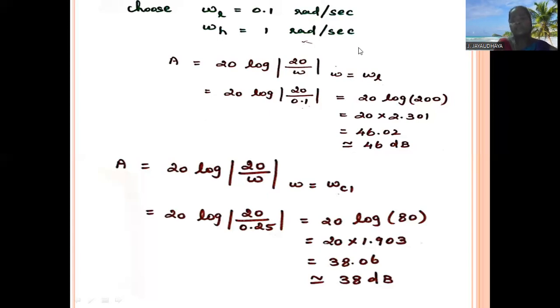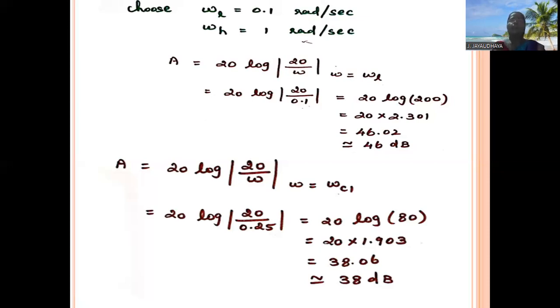This is your choice; you can take any values, but the condition is that omega L is less than your first corner frequency, and omega H is greater than the last frequency, that is the second corner frequency, omega C2.